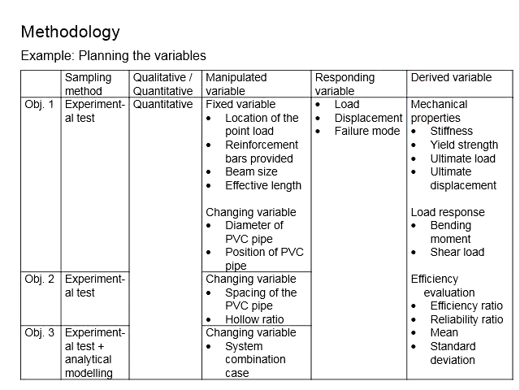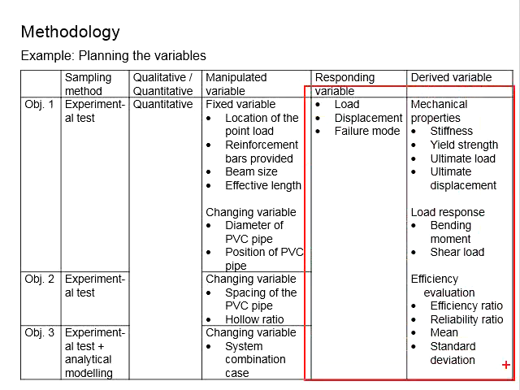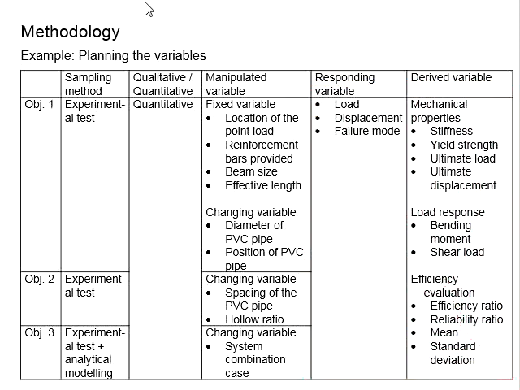And these derived variables will be the outcome of the processing of the responding variables. It is considered the second layer of the variables after the responding variables. Having this derived variable acquired, now you have more information regarding the specimens for you to have better understanding in terms of the behavior of the specimen.